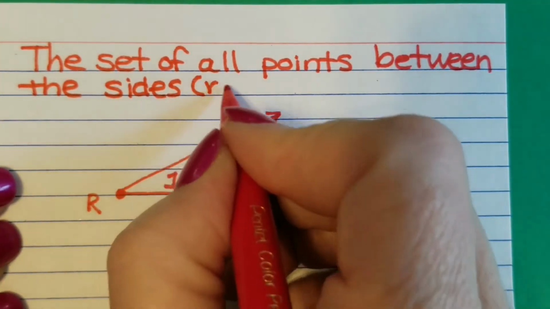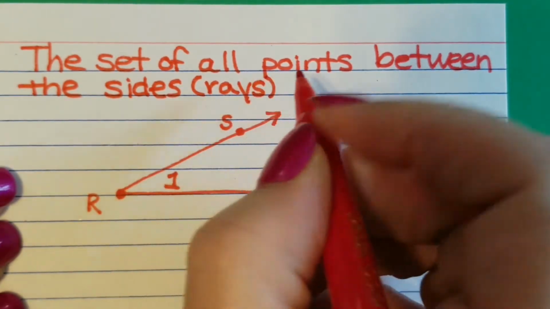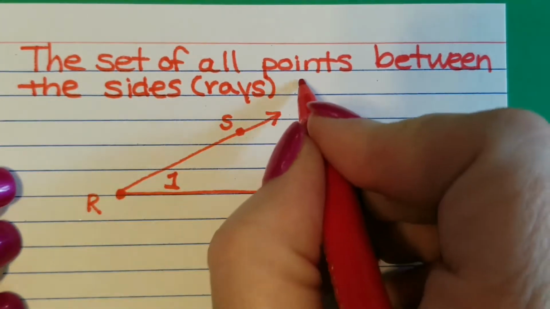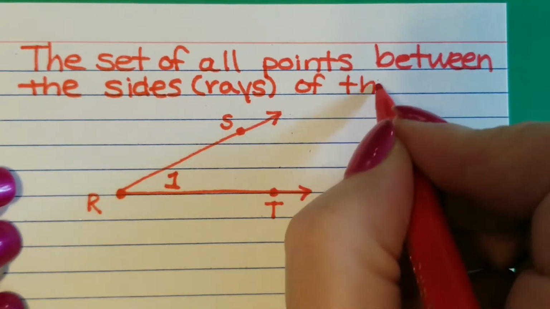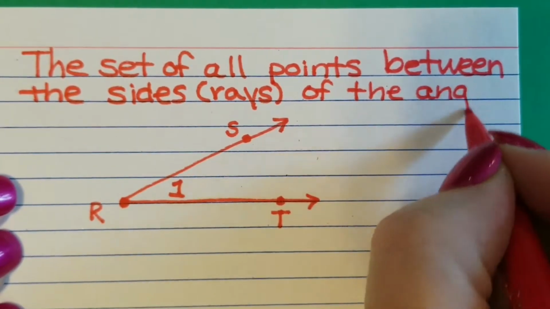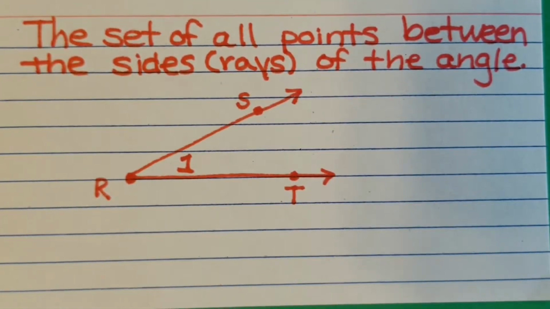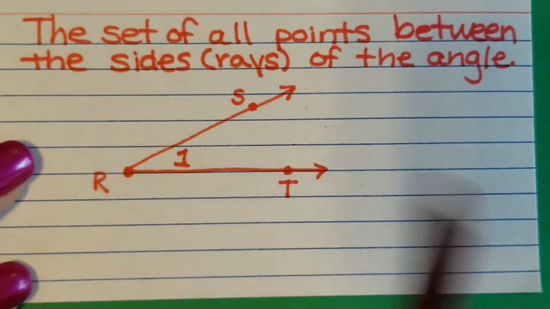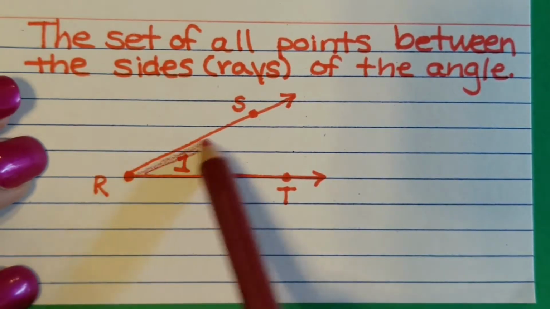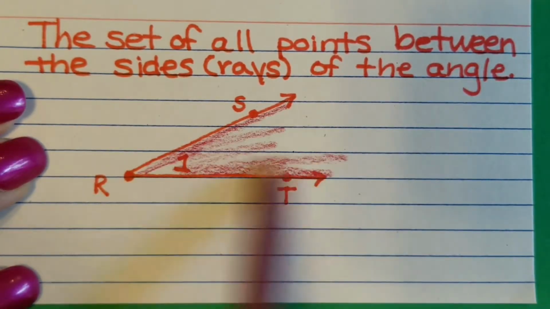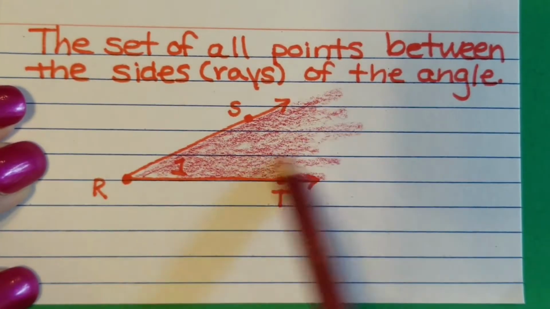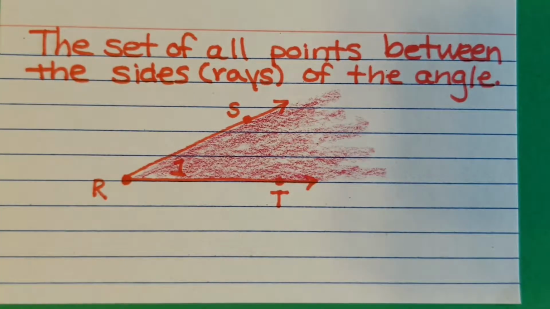The sides are those rays that make up the angle. So it's going to comprise all the points within this angle, like in here. And that just sort of goes on and on.